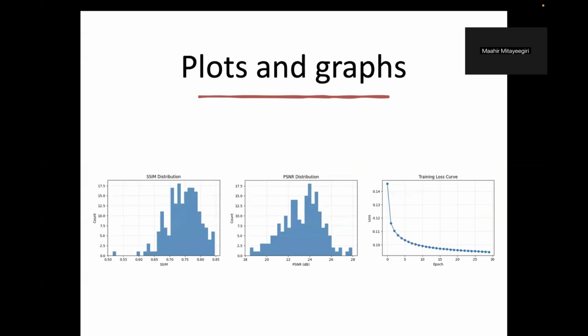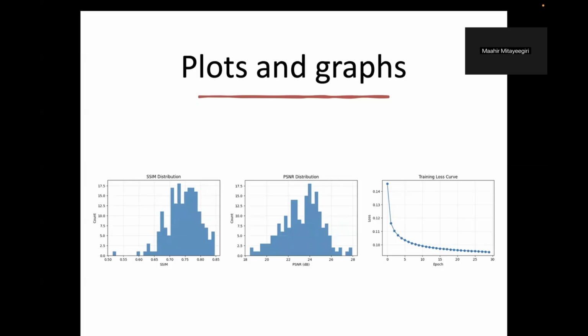First, let's discuss the PSNR distribution. Most of the reconstructed images fall between 22 and 25 decibels, which shows that the model consistently preserves a good amount of pixel-level details. A few images go beyond 26 decibels, usually when the face is simple or less textured. When we look at the sample reconstruction, you can see the decoder does a solid job capturing overall facial structure, skin tone, and lighting.